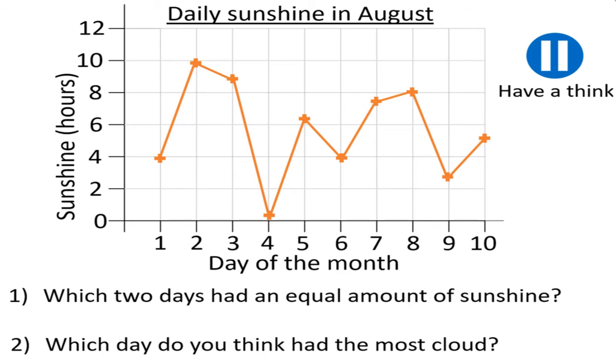Have a go at answering these two questions using the line graph shown. Question 1. Which 2 days had an equal amount of sunshine? Question 2. Which day do you think had the most cloud? Can you explain why?